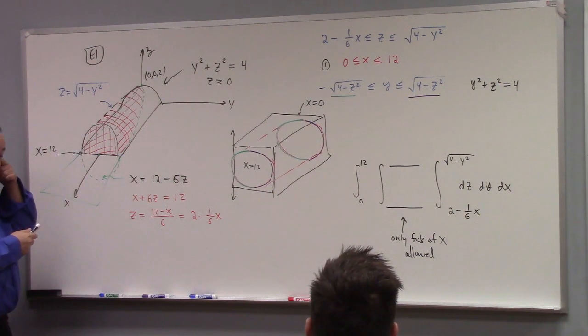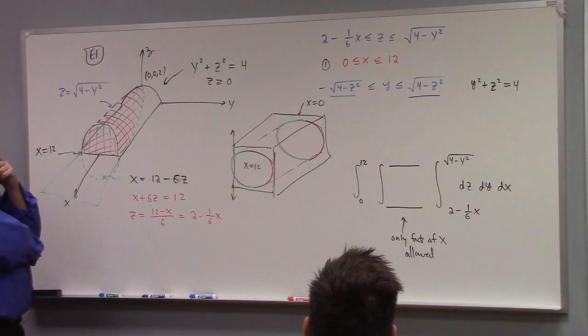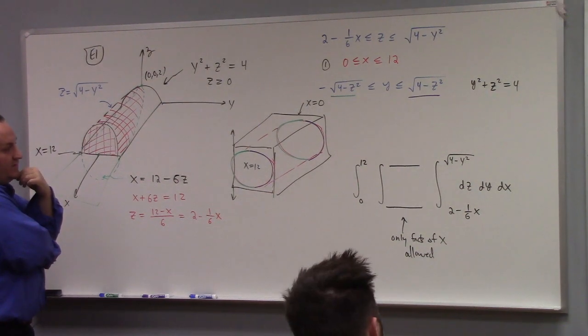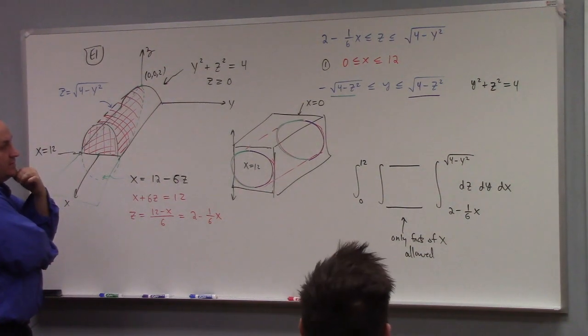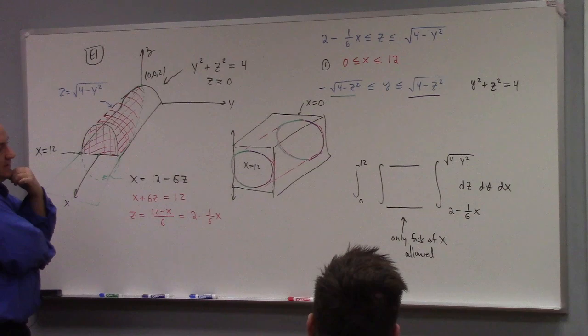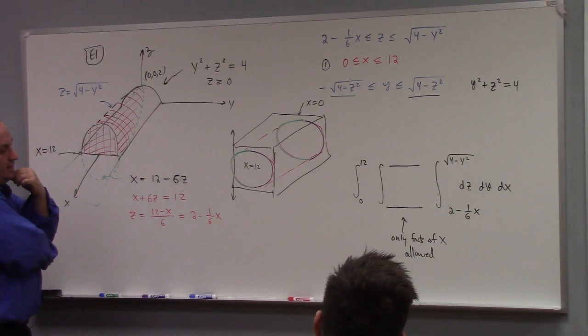So what should I put there? Could you maybe solve for z and substitute it? Like with x equals 12 minus 6z. Then you put it in the other one, you get the relationship between x and y. So find the intersection of the cylinder.